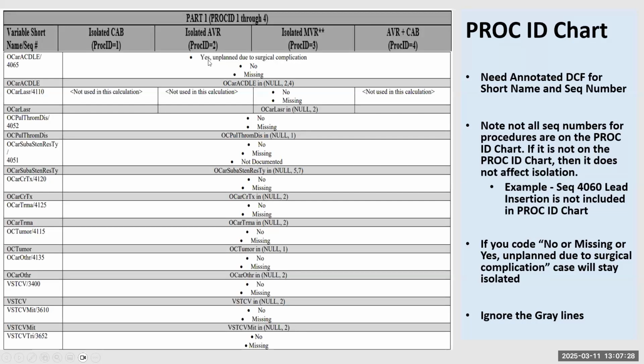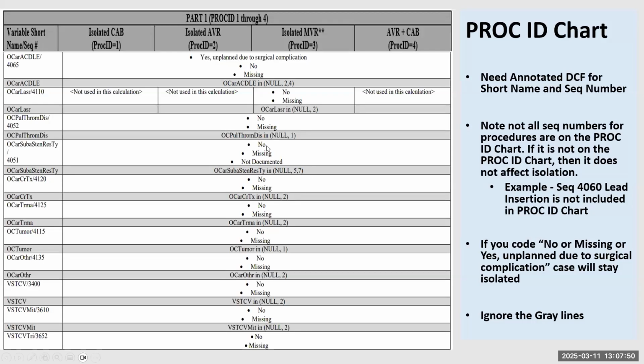If we say, here's a lead extraction, 4065. If you say yes, unplanned due to surgical complication, it stays isolated. If we say no, it stays isolated. If it is missing or blank, it stays isolated.